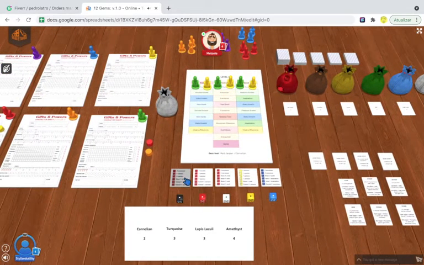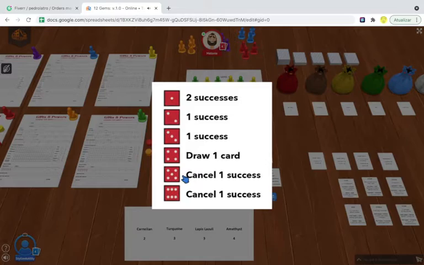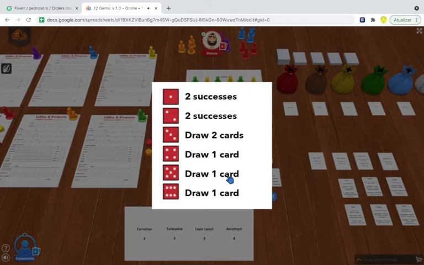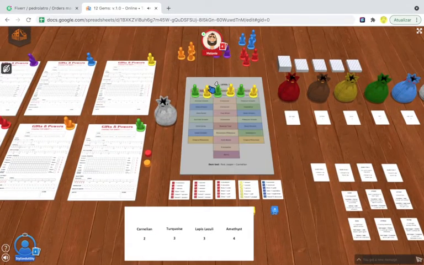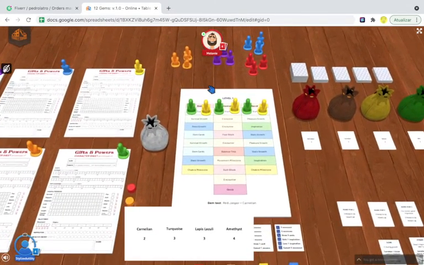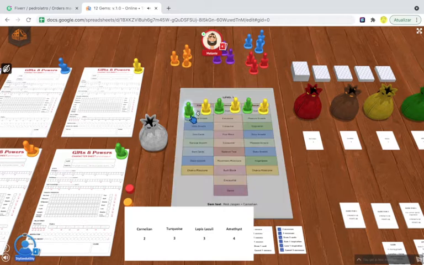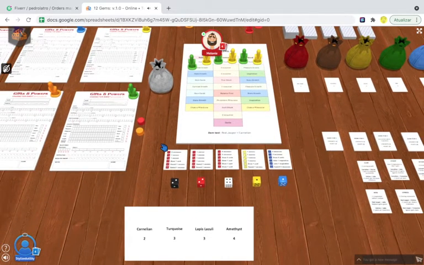And okay, I'll roll all 3 dice. All right, 1 success, 2 successes, and drawing 1 card. So I'm using 2 successes, and I'm going to go on a survival growth. I have to roll again for that.